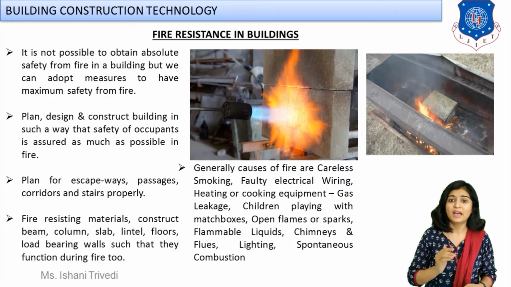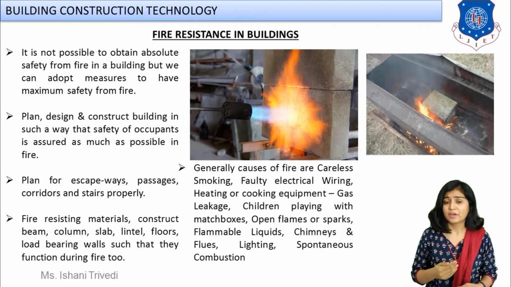What are the fire resistant properties of these materials? If you have glass, aluminium, cast iron, concrete, or steel, then all of these different materials are going to exhibit different fire resisting properties. So we are going to discuss the common building materials.